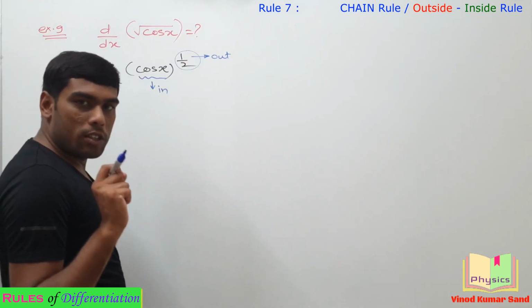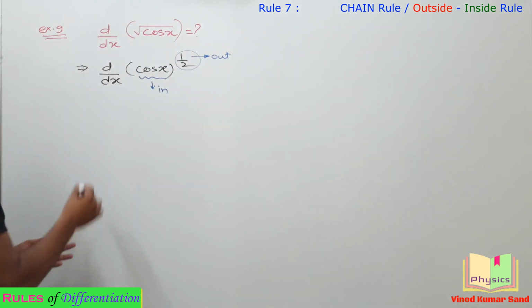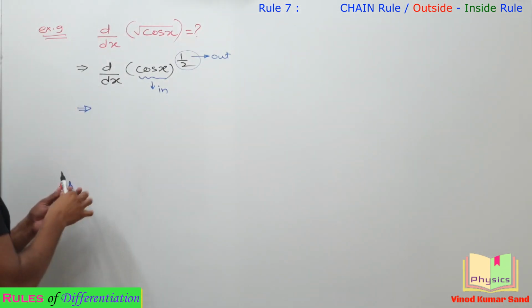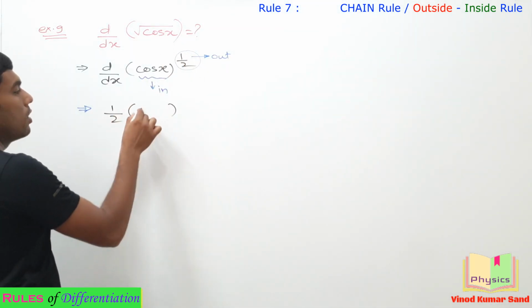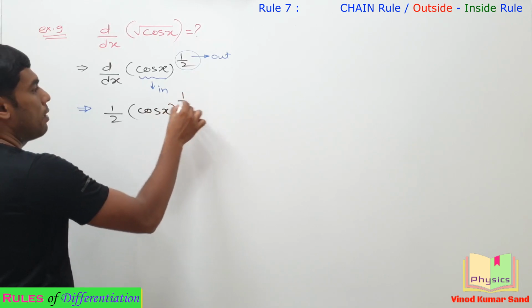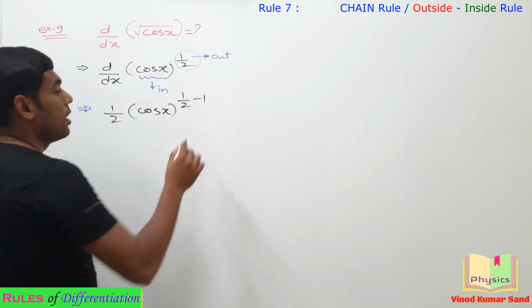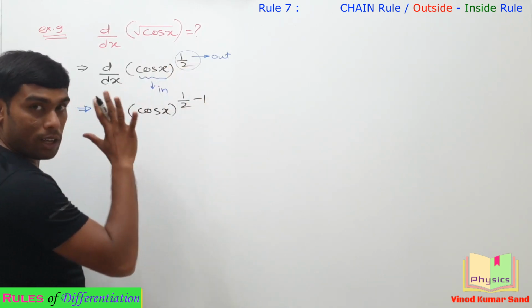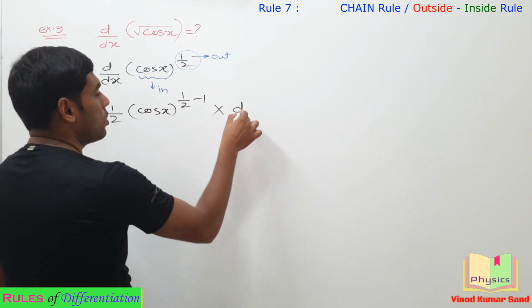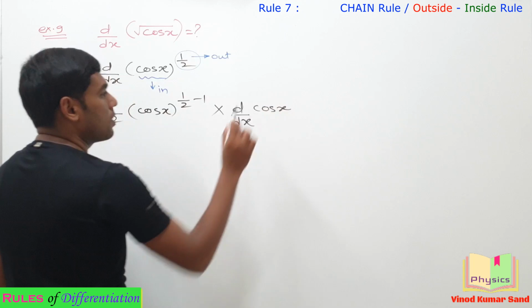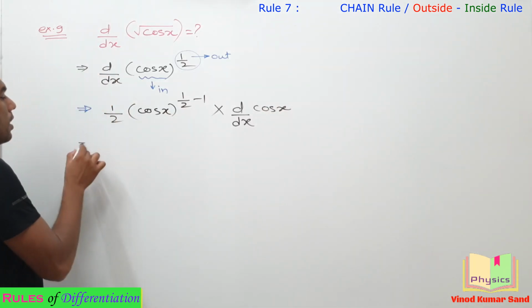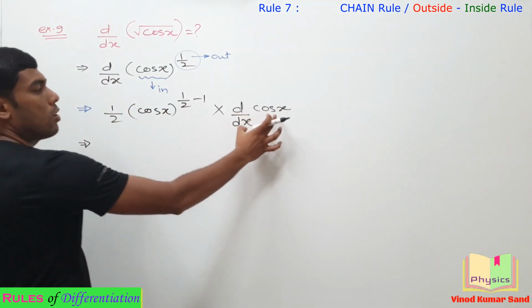First we'll differentiate the power and we know how to differentiate the power: n x to power n minus 1. So it will be written as half cos x to power half minus 1. We have differentiated the power, the outside function. Now I am going to differentiate the inside function. Inside function is cos x. You know the differentiation of cos x.